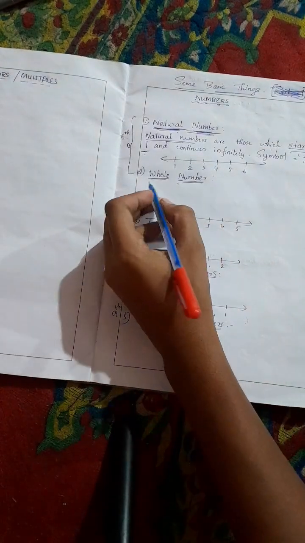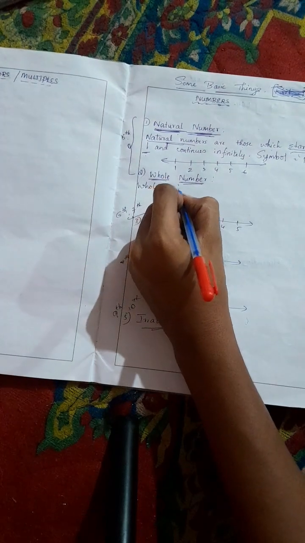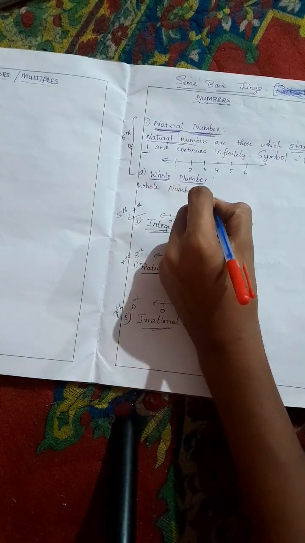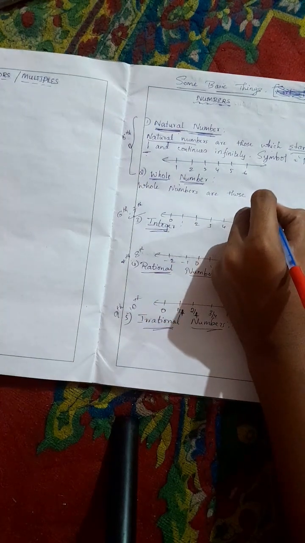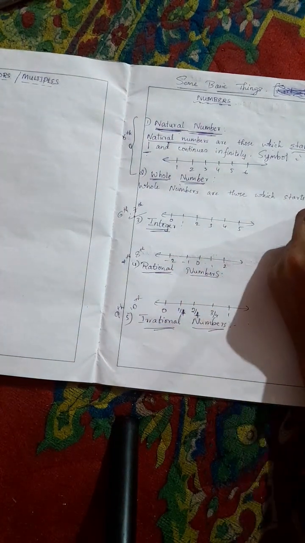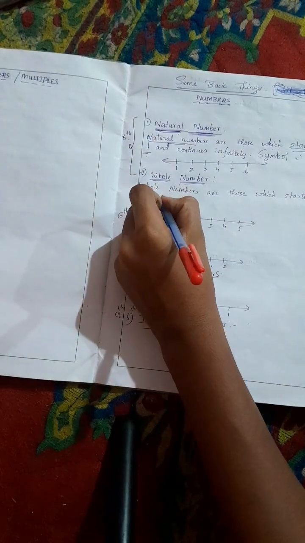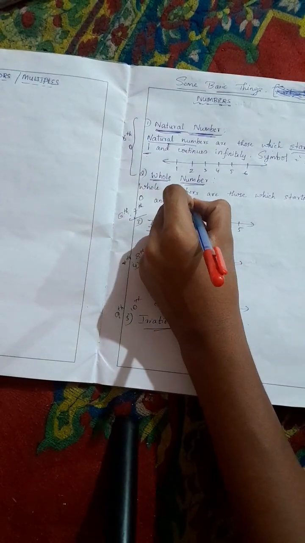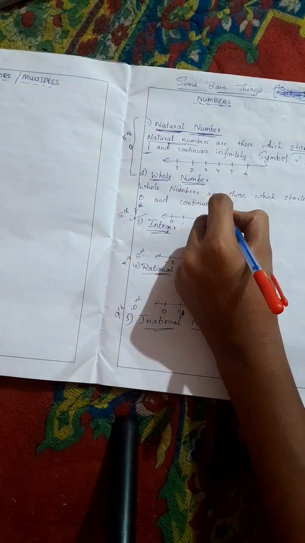Whole numbers are those which start from 0 and continue infinitely.